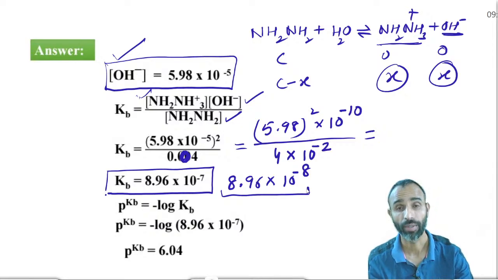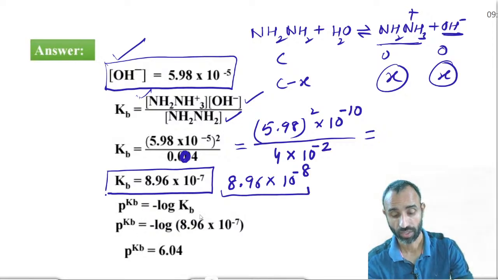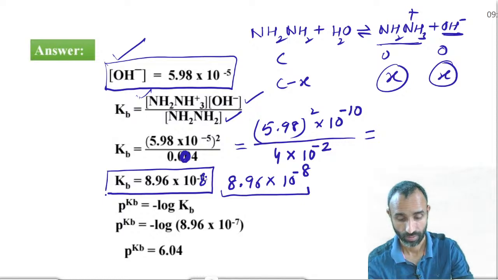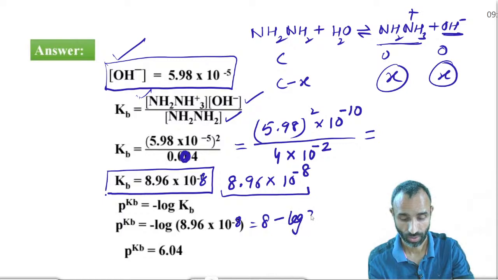So Kb, pKb is minus log of Kb. So pKb is minus log of 8.96 into 10 raised to power minus 8. So it is 8 minus log of 8.96. So 8.96, take it as 9.